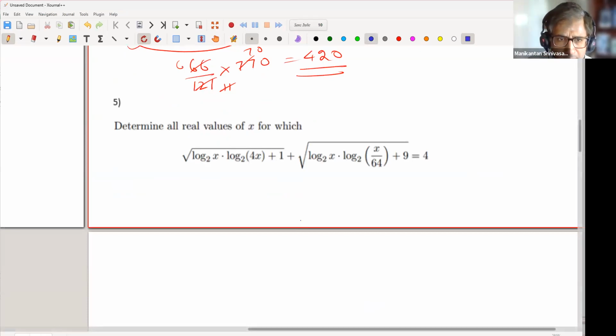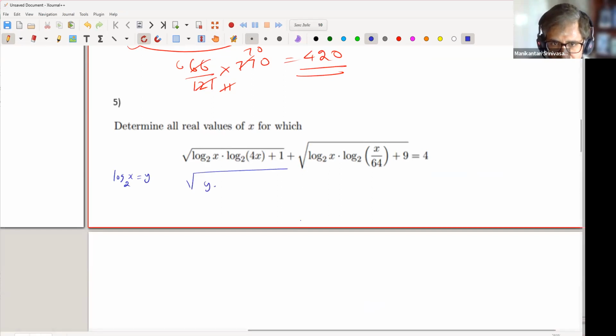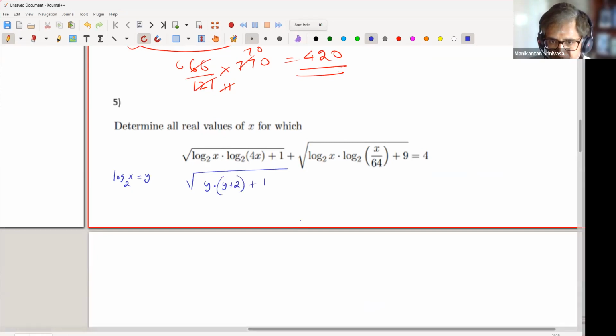Obviously we'll start off with log x to the base 2 as some variable, let's say y. So this is square root of y times log x plus log 4. So it's y plus 2 plus 1 plus square root of y times log of x minus log of 64.